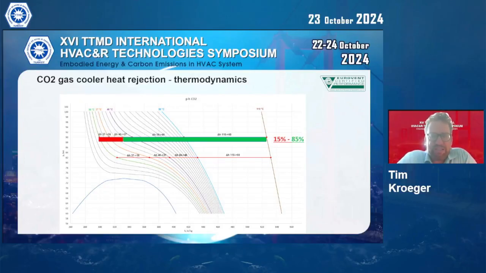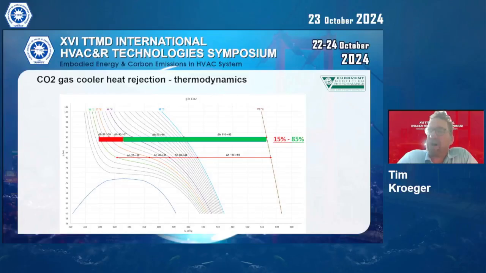And what do these different colored bars represent? Well, the green bar represents the first part of the heat rejection process. By the way, that limit between green and red is completely arbitrary. The green bar represents heat transfer at a relatively high temperature differential. As you can see here, we cool the CO2 down from 110 degrees down to about 40 degrees.